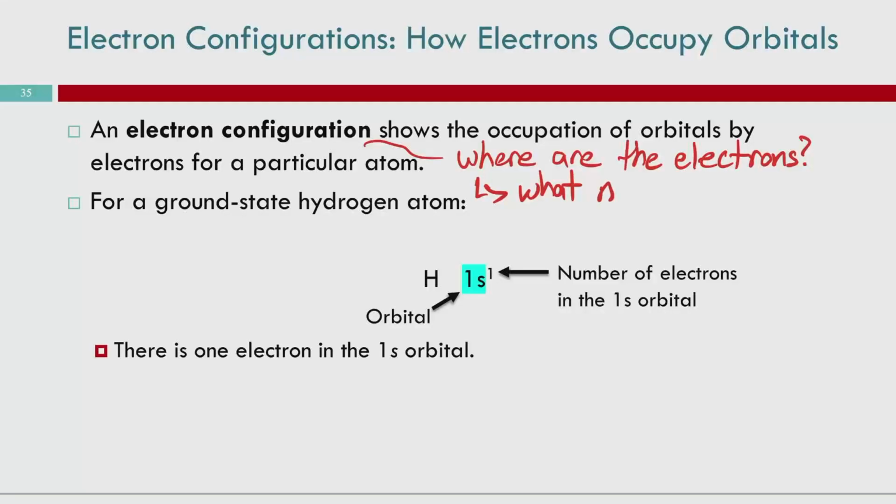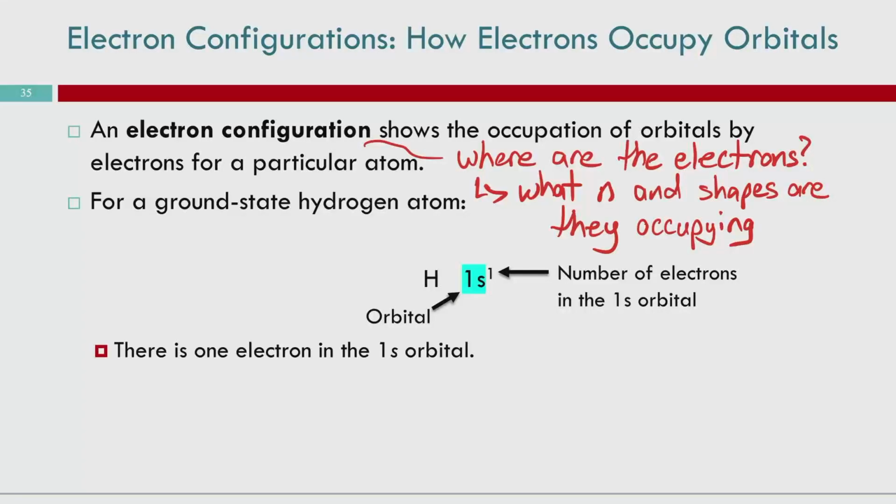What principal quantum number are they occupying? So we introduce the shapes so that we can talk about where the electrons are living, and we can hopefully in our brains, if we decide to, think about what would that shape look like? How big would it be compared to the other shapes?